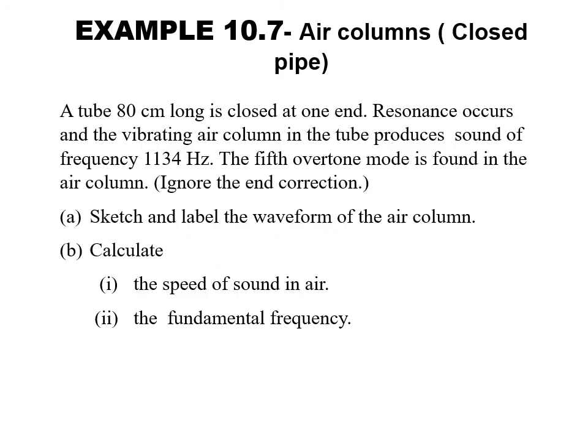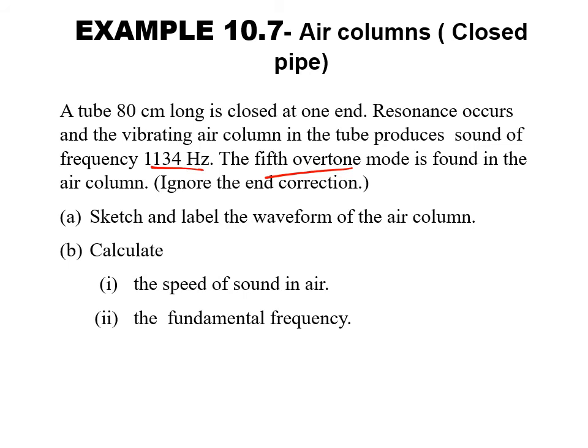Example 10.7. Air columns for the closed end case. A tube 80 cm long is closed at one end. A resonance occurs and the vibrating air column in the tube produces sound of frequency 1134 Hz. The fifth overtone mode is found in the air column.